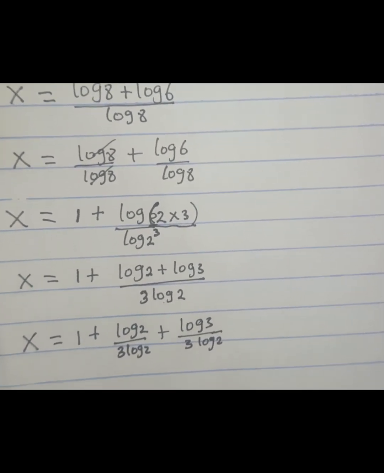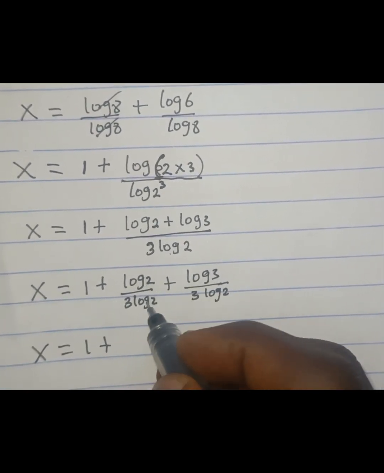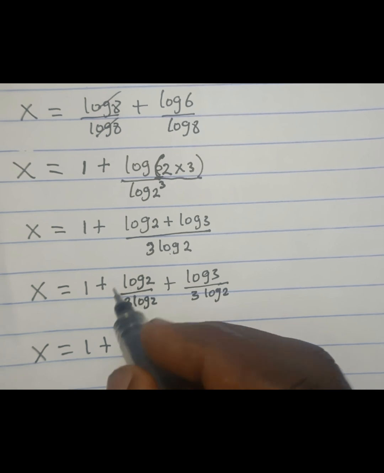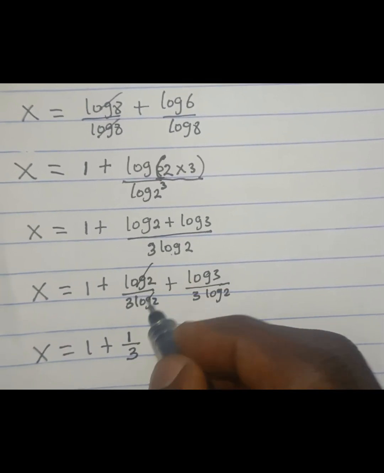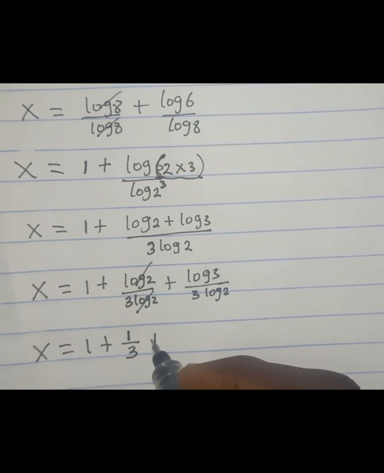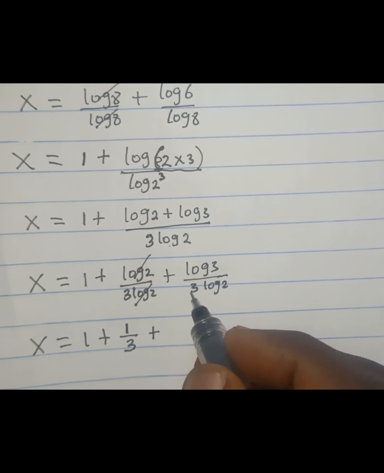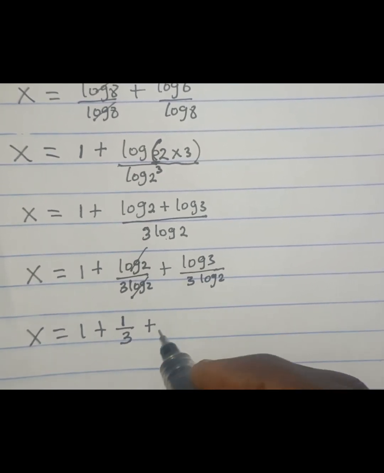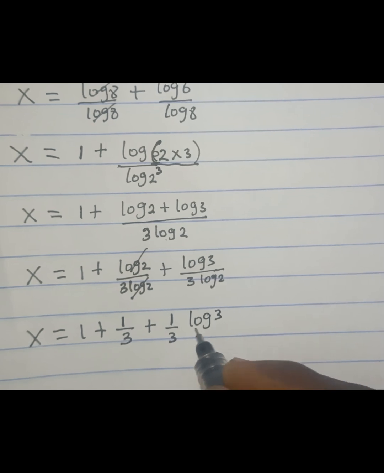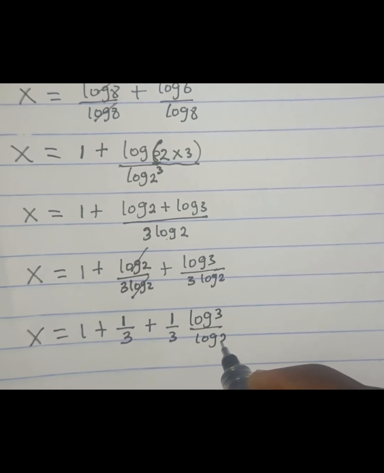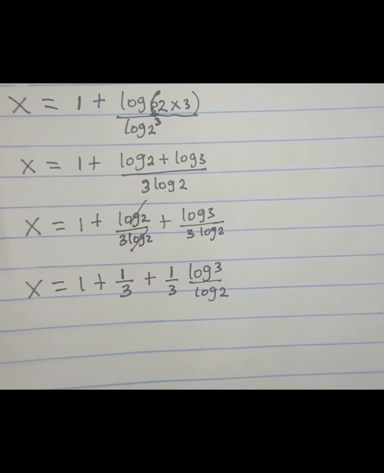So that we have x equal to 1 plus log 2 divided by log 2, which is 1. Therefore, the whole of this part will remain 1 all over 3, as this and this cancel. Then plus, here we can factor out 1 over 3 also, because in the denominator we have 3 log 3. So we factor out 1 all over 3, then we are left with just log 3 over log of 2. The next thing we're going to do is to recall the changing of base property of logarithm.